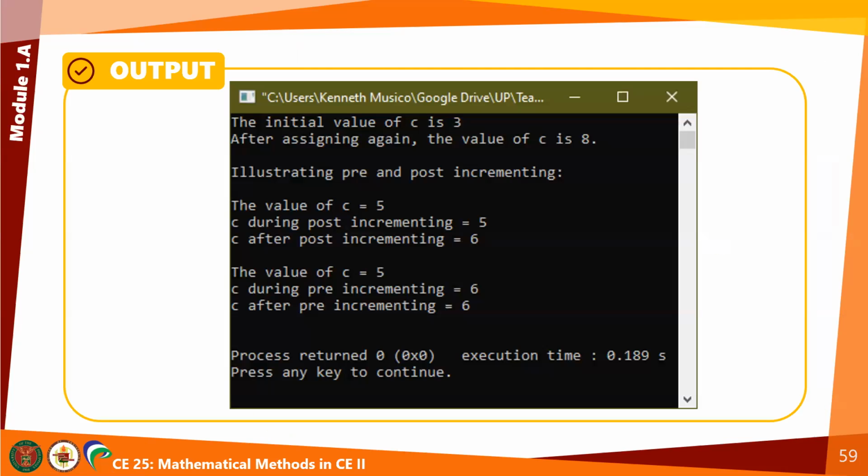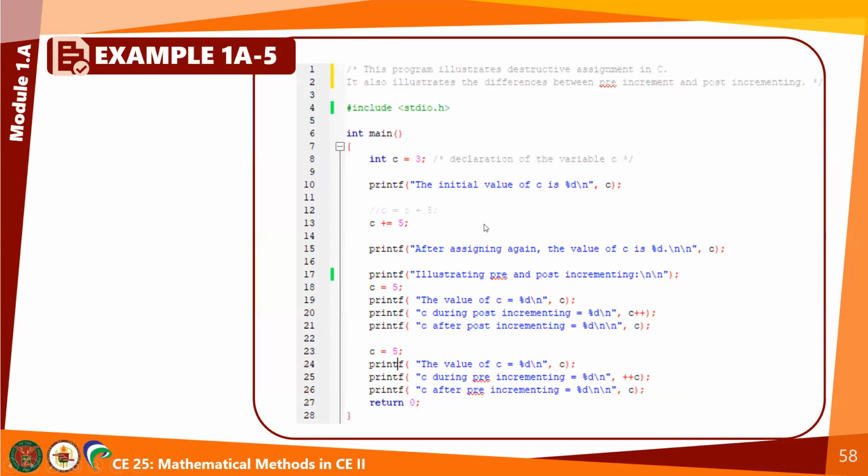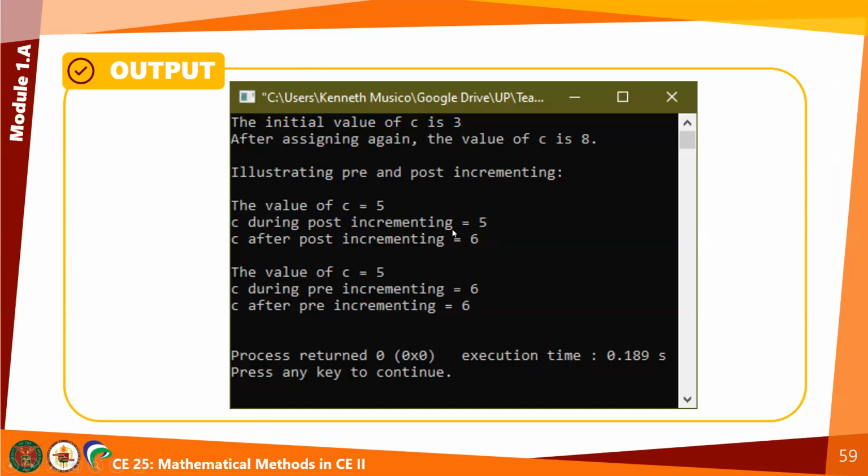Okay? Ayan. C during post-incrementing equals 5. Now, C after post-incrementing, so after this line, the value of C is equal to 6 na. Kasi nag-add ka na ng 1 after that line. So, here I expect it to be 6.